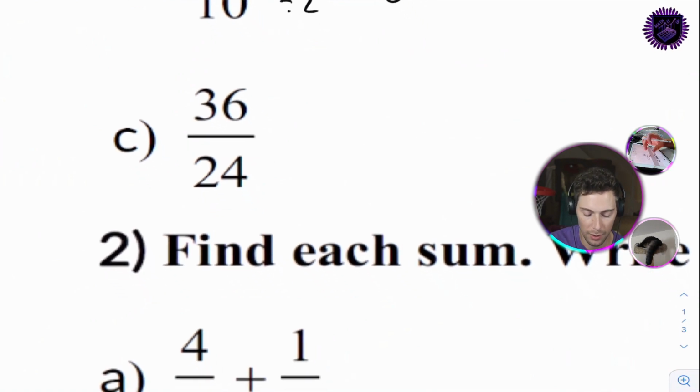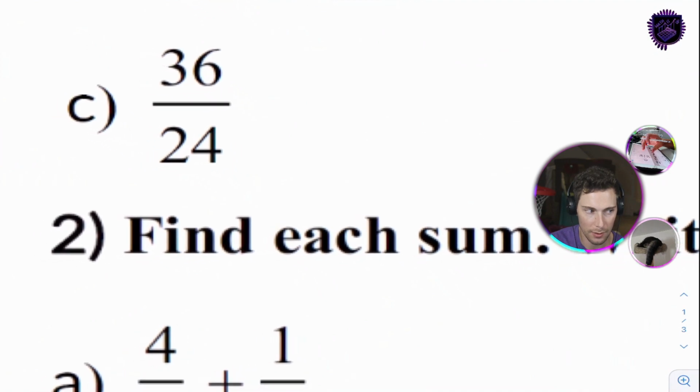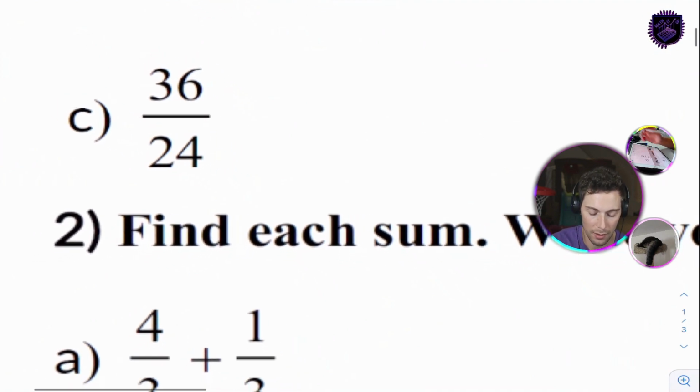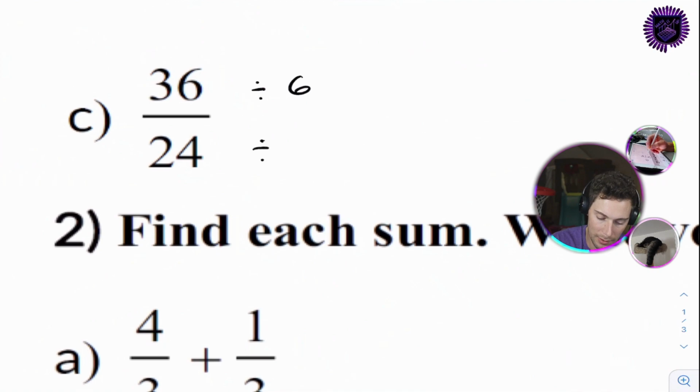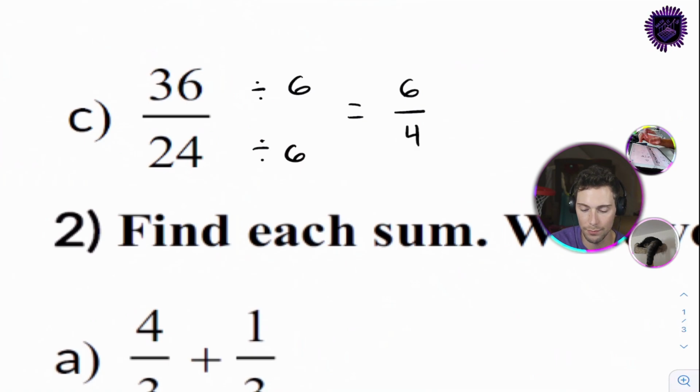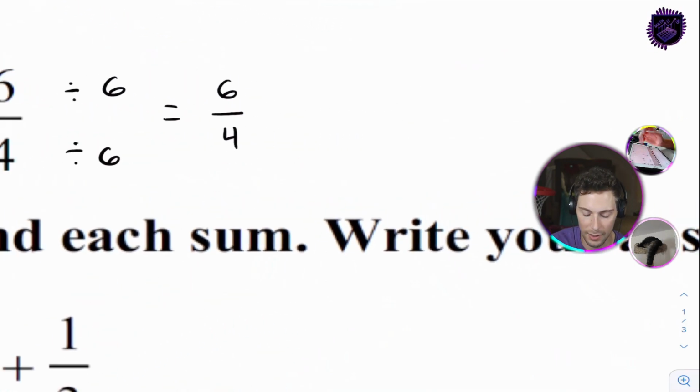So question 1c, let's start off with simplifying. We could take the full group of 24 out, but let's start off with simplifying it. So this is going to be divided by 6 and divided by 6, and this will equal 6/4. And so it's a little bit easier to do this now.